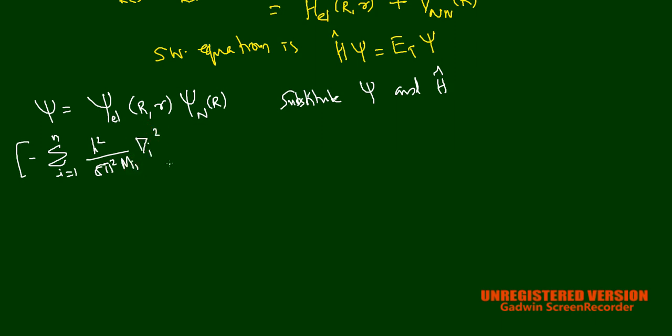Okay, that is the kinetic energy operator for the nucleus, minus sigma j is equal to 1 to p, h square divided by 8 pi square m, del j square. Okay, that is the kinetic energy part of the electron, then plus VRR, right? That is the potential energy of the system.